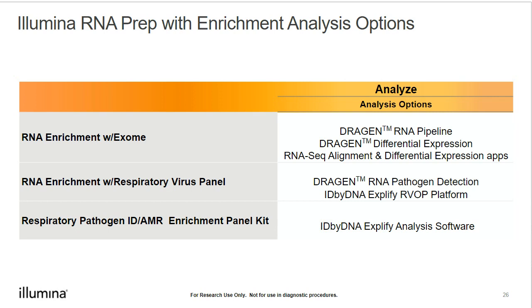We also have RNA-seq alignment and differential expression apps available in BaseSpace. For RVOP V2 panel users, we can use the DRAGEN RNA Pathogen Detection app or the ID by DNA Amplify RVOP platform. And for the RPIP panel, we have the ID by DNA Amplify analysis software.